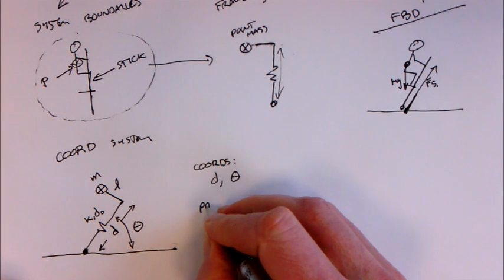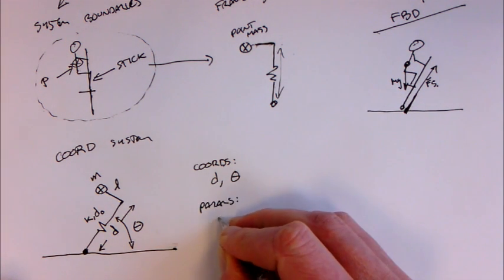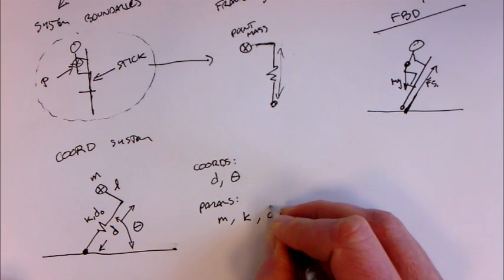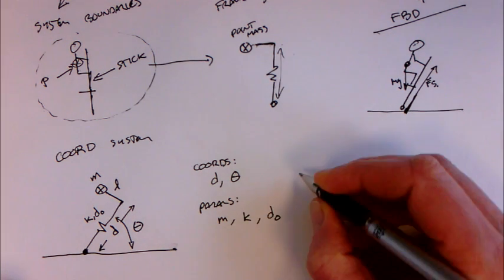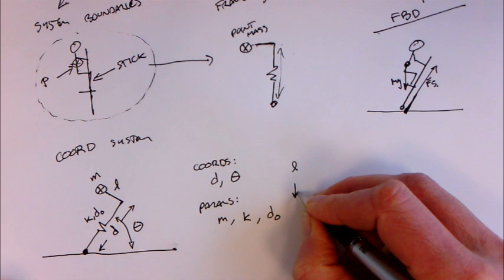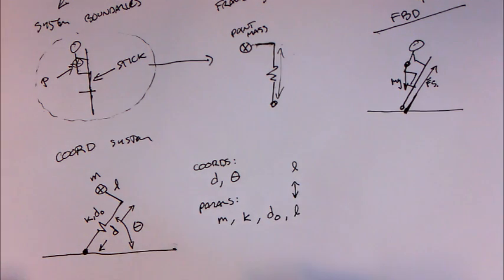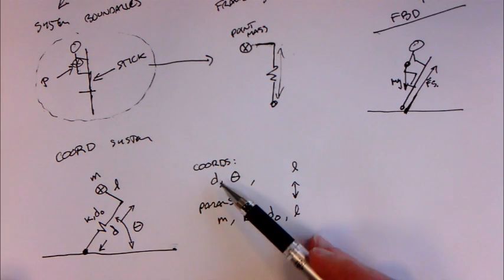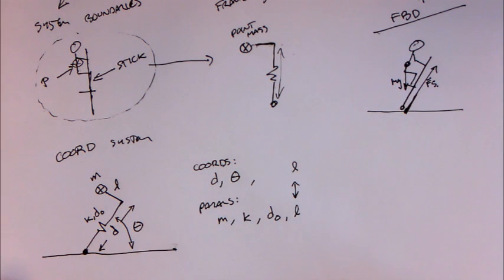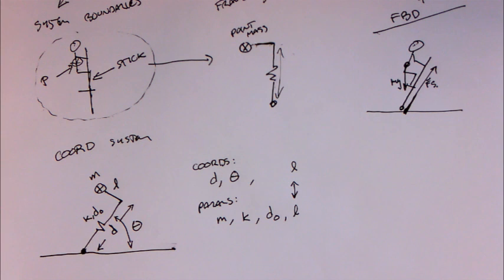And the parameters are clearly the mass of the person, the spring constant, the rest length of that spring, and L could be in either of these categories depending on how you chose to model the system. Okay, so we have at this point our coordinate system, we have our parameters, we know what the interactions are, and I think we'll stop at this point on this video, and in the next video we'll walk through the mathematics of this.